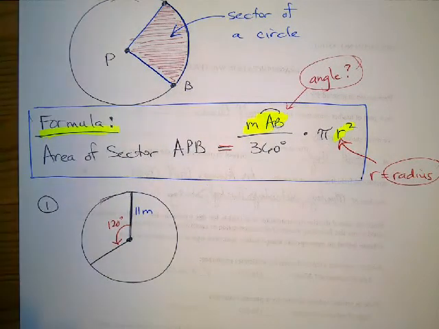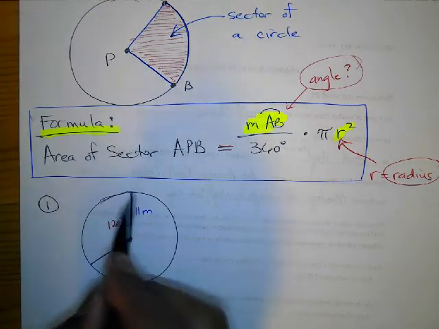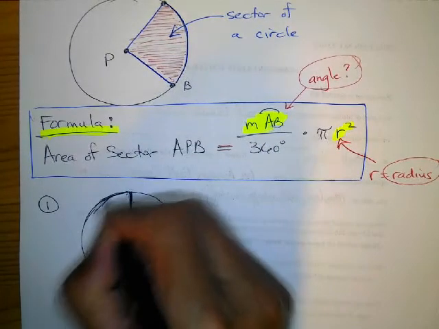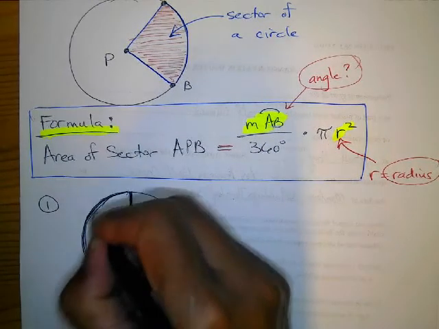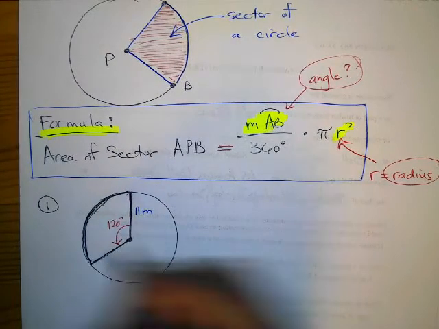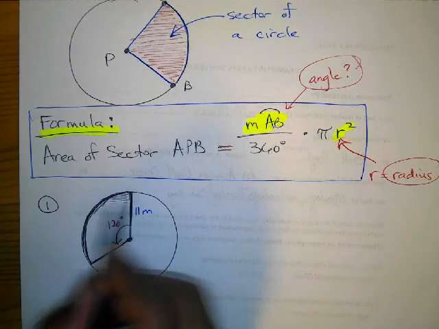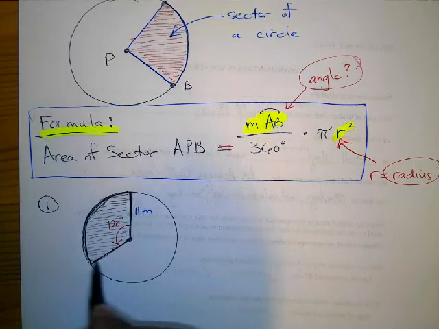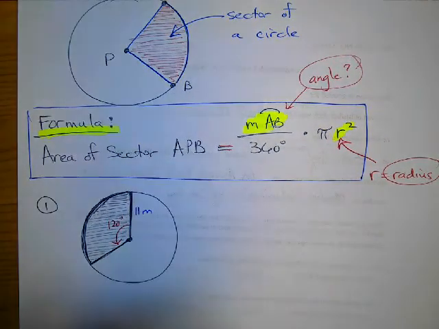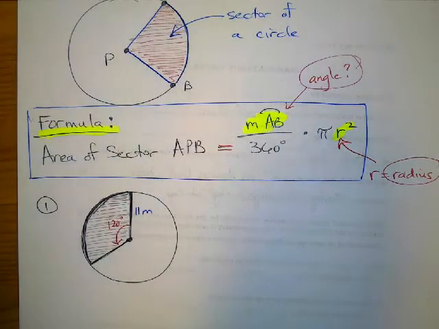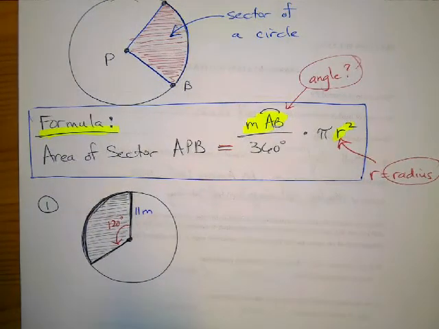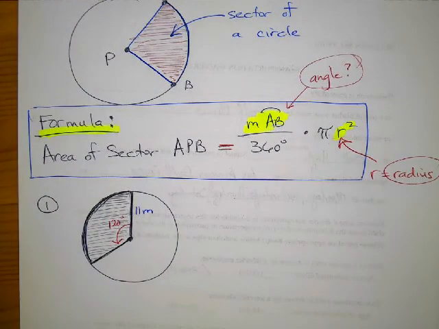Remember, the sector is this whole space that's covered here. This is the sector, like this slice, or this section. It's not shaded on your worksheet, but you're finding the area of this space for a circle that has this radius and this angle.